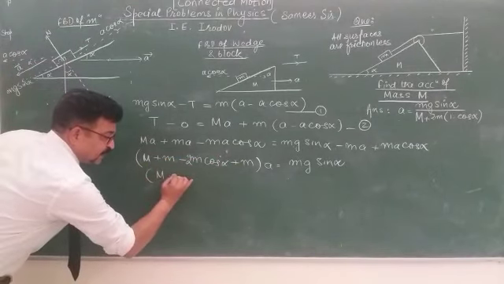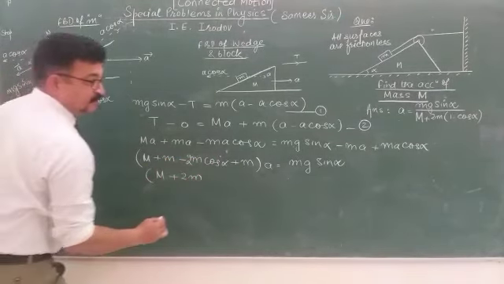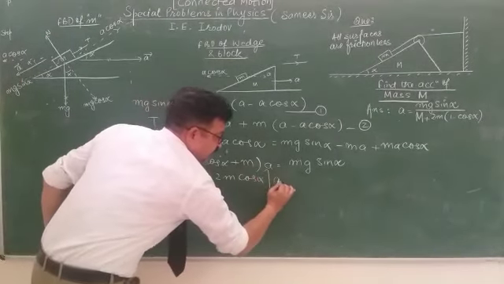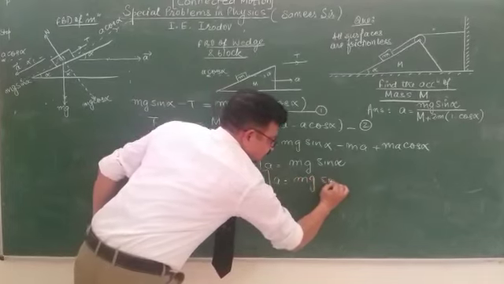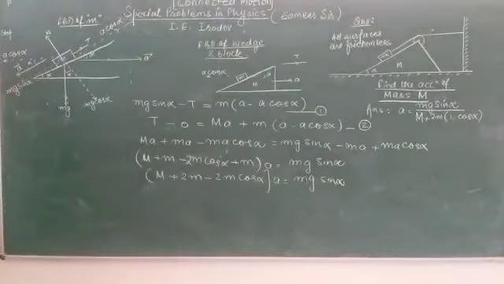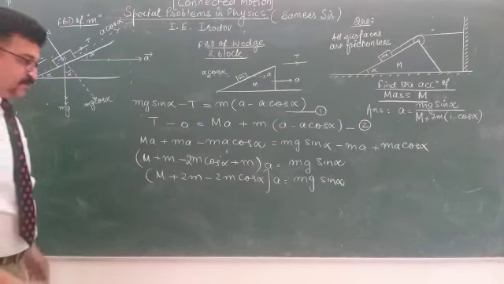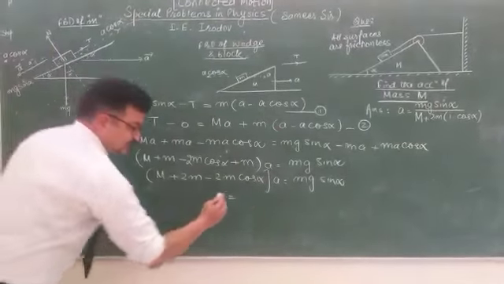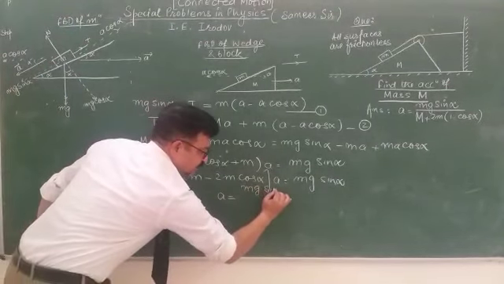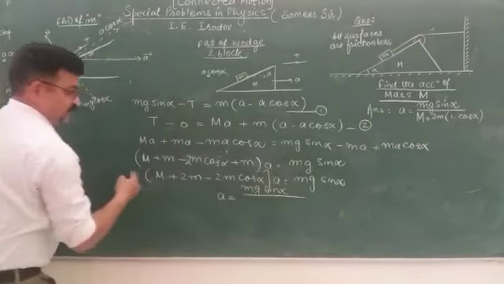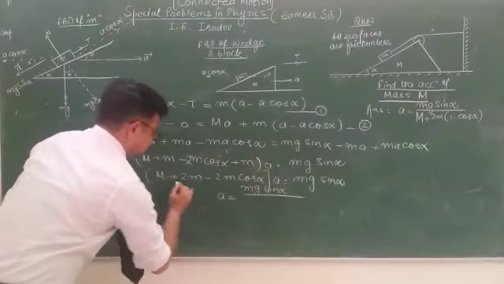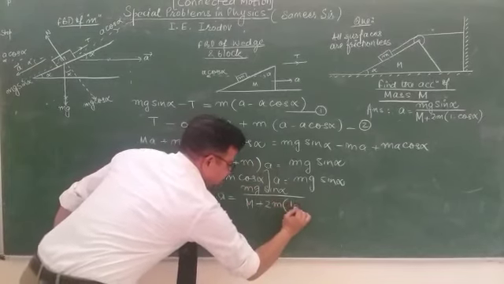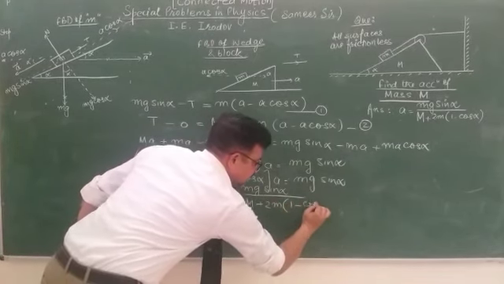I am getting the value of M plus 2m minus 2m cos alpha, times A, equals mg sin alpha. And I think it's very much clear to you. So what is my net acceleration? The net acceleration is mg sin alpha divided by M, with 2m common over here, and I will get the answer with 1 minus something.